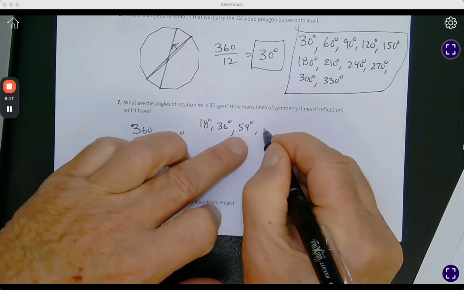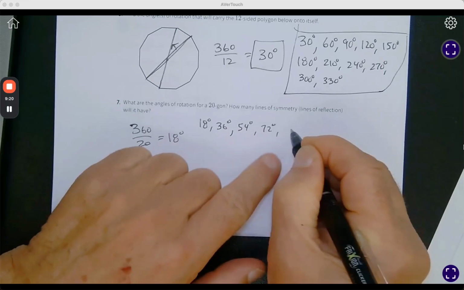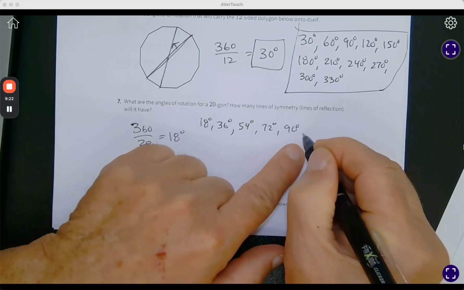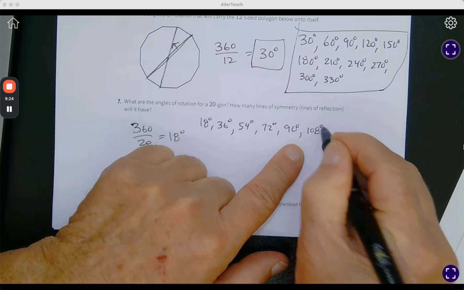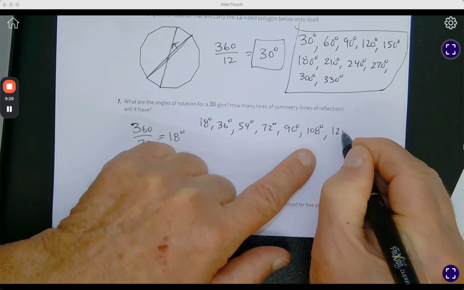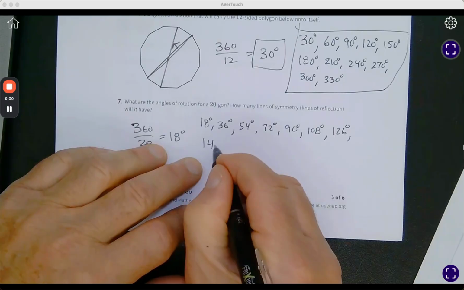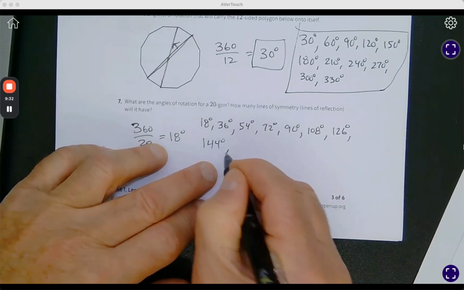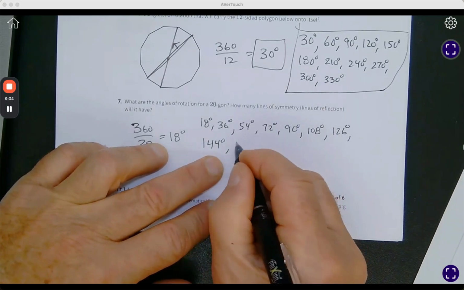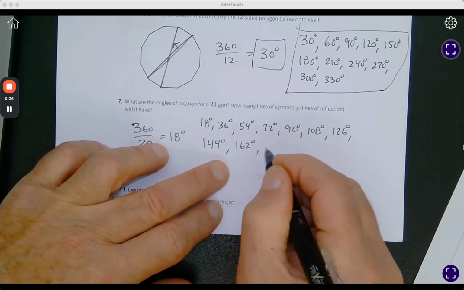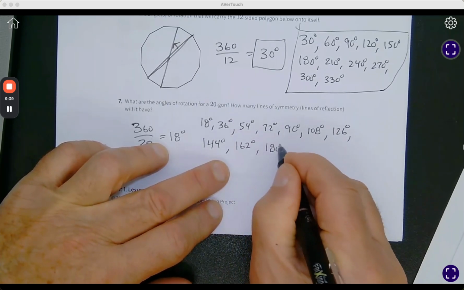Add 18 to that, 72. Add 18 to that, 90. Add 18 to that, 108. Add 18 to that, 126. Add 18 to that, 144. Add 18 to that, 162. Add 18 to that, 180.